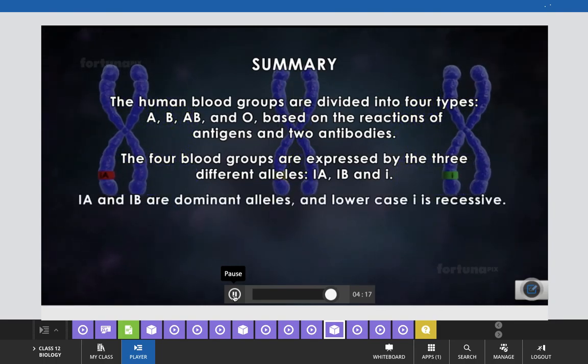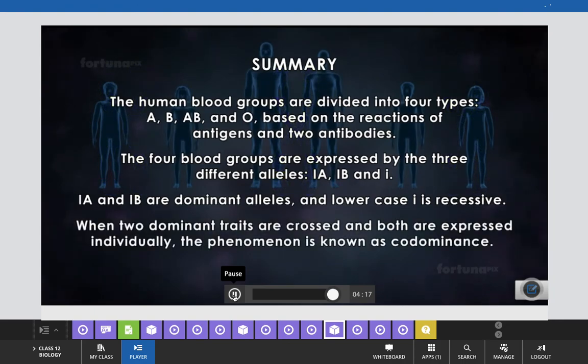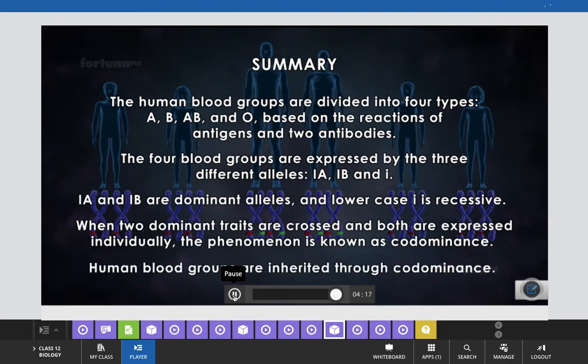IA and IB are dominant alleles, and lowercase i is recessive. When two dominant traits are crossed and both are expressed individually, the phenomenon is known as codominance. Human blood groups are inherited through codominance.